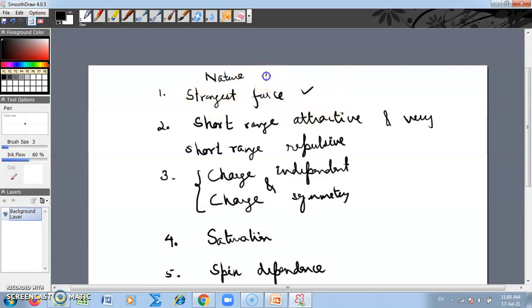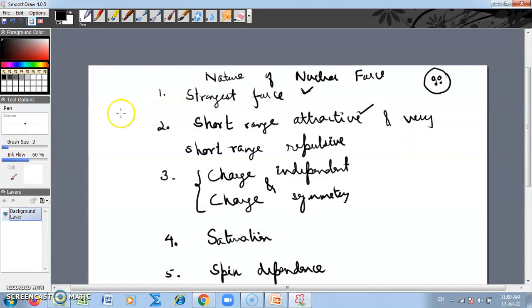Now when I say nature of nuclear force, what we mean is the force between the protons and the neutrons inside the nucleus. That is the only force that we talk of when we say nuclear force. So the force between these particles is the strongest force in nature. They are attractive. Yes, short range attractive.